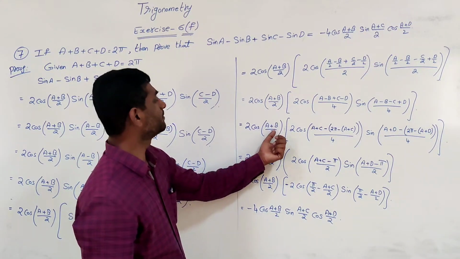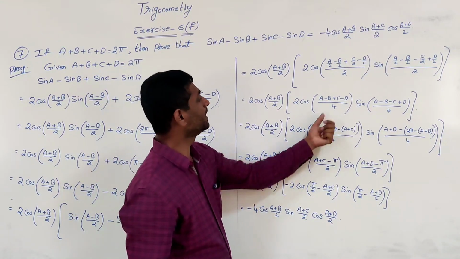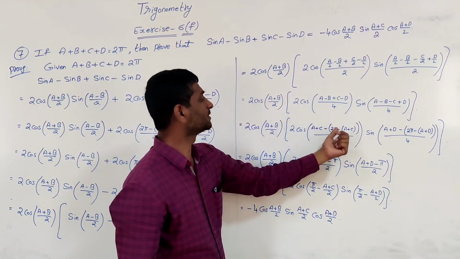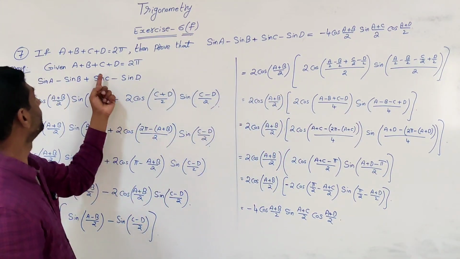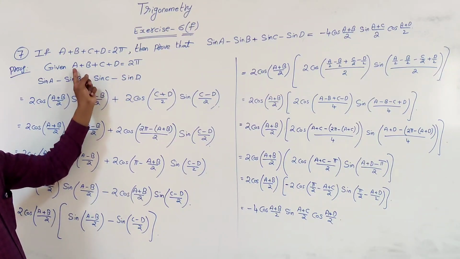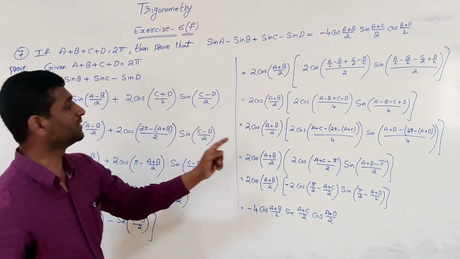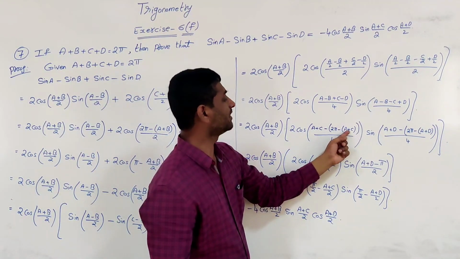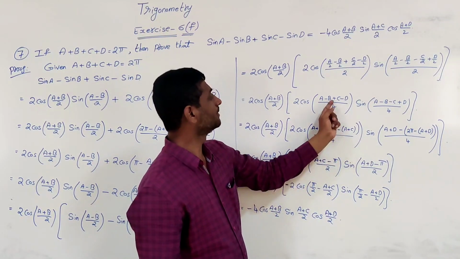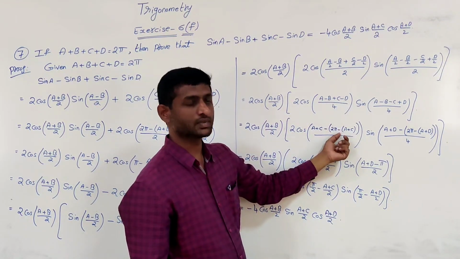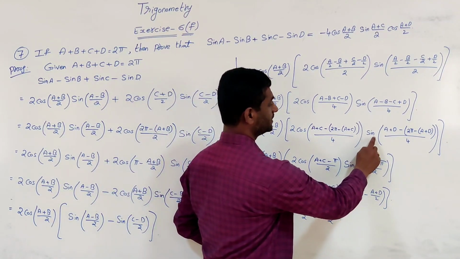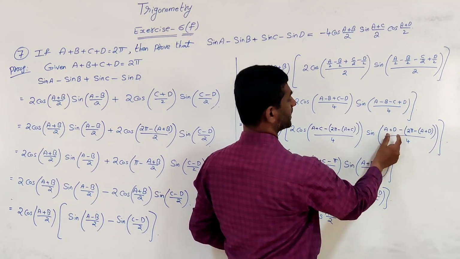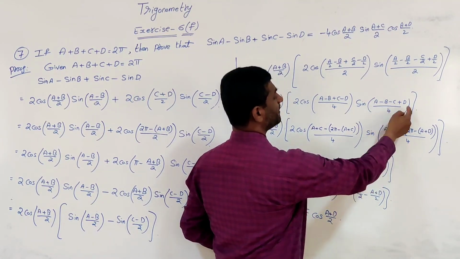So 2 cos (A plus B)/2, 2 cos (A plus C), but minus is our minus (B plus D). But from the condition, B plus D can be written as 2 pi minus A minus C, means 2 pi minus of (A plus C). Similarly, into sin of (A plus D) as it is minus (B plus C).